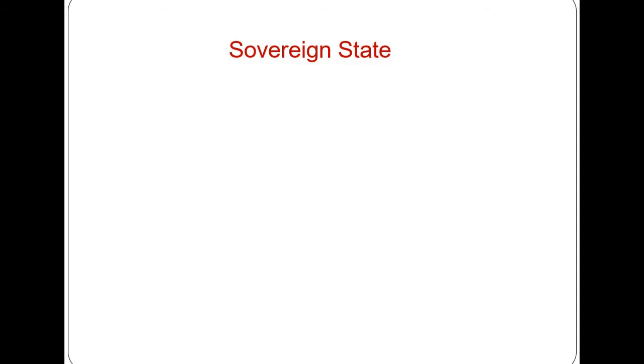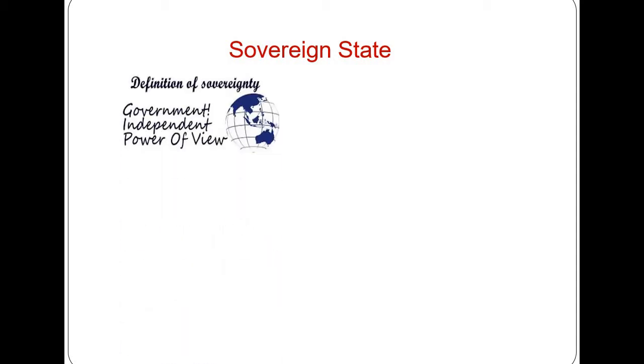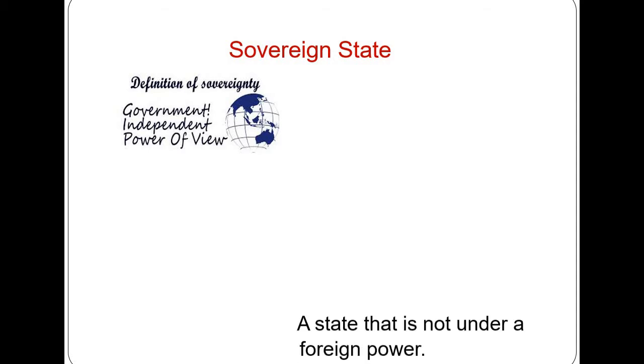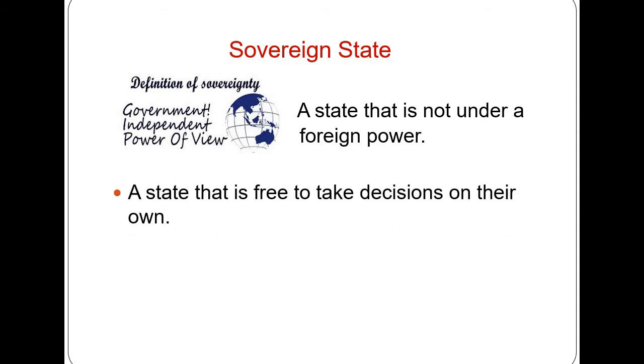Now, what are the objectives? Very simple. Sovereign or sovereign state. The definition of sovereign: the government has independent power. A state is not under foreign rule or foreign power.